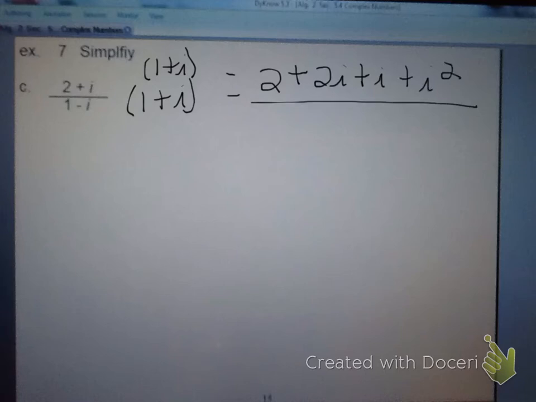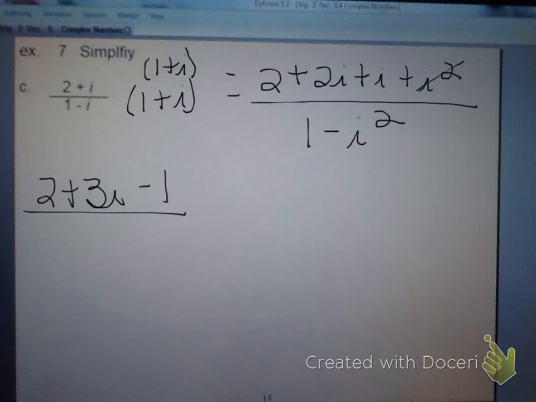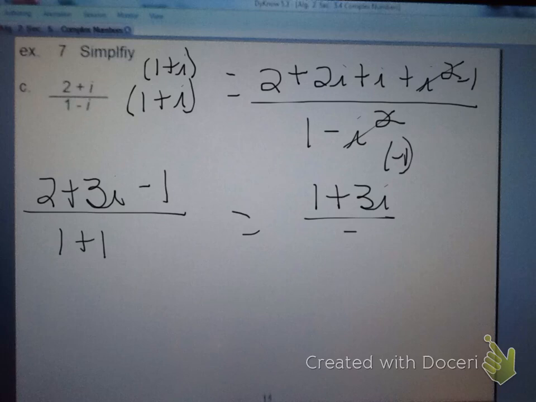In the denominator, I only have to do the first and last, so that's 1 minus i squared. It's 2 plus 3i minus 1, because i squared replaces with the negative 1. And this replaces with the negative 1. So that's 1 minus a negative 1, which is plus 1. 2 minus 1 is 1 plus 3i over 2.